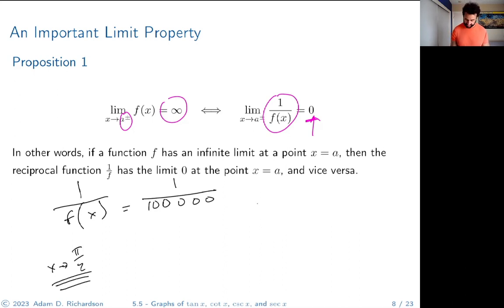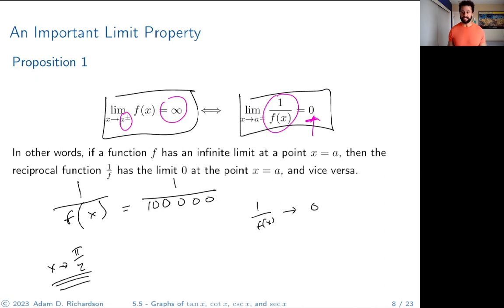And so what happens is that 1 over f of x starts going to 0. So in other words, if your regular function has an infinite limit, then the reciprocal function is going to have a 0 limit. That's the idea. And the intuition is basically take the reciprocal of really big numbers and you get really tiny numbers. That's the intuition for it. How is that going to help us?